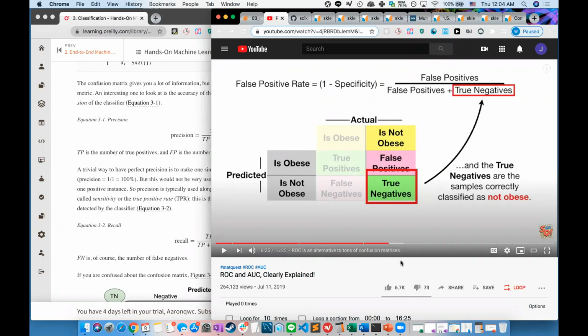It just says whether you've identified correctly in terms of proportion. So that intuitively explains why ROC is not affected by class imbalance.